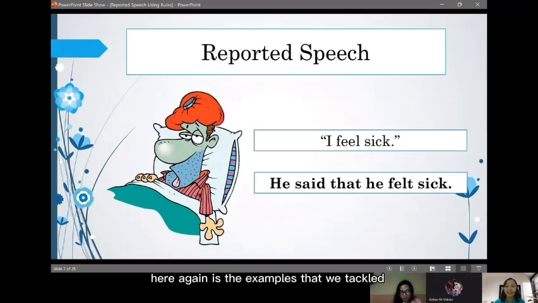So, here again are the examples that we tackled earlier in the direct speech and reported speech. So I want you to study and think about the differences and the changes that happened in these two reported speeches, and later we will shift to another platform to thoroughly discuss the differences and the changes between the two types of reported speech.